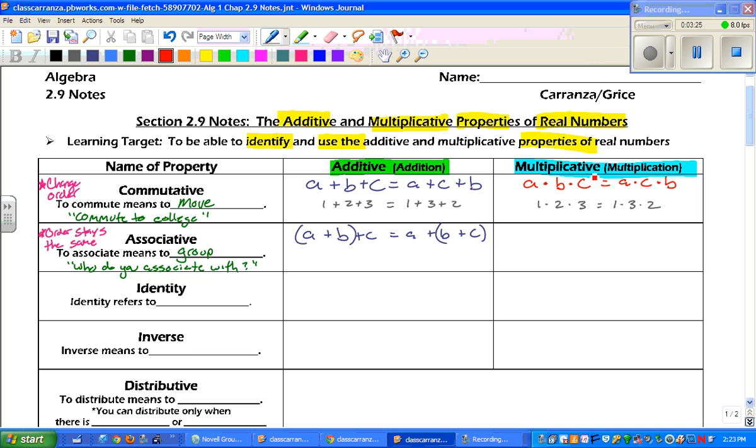We didn't move anything around. All we're moving is where the parentheses are. And if we were to actually put numbers in here, we would get the same answer.